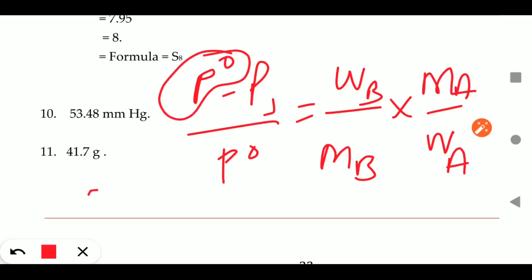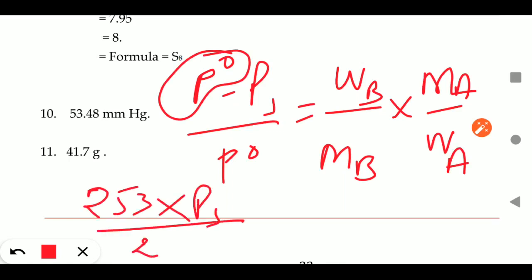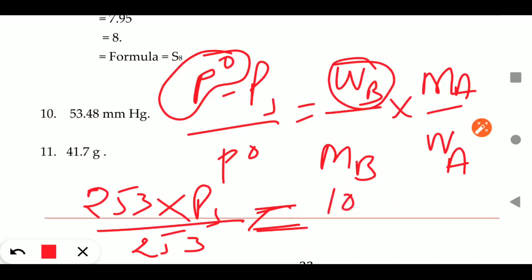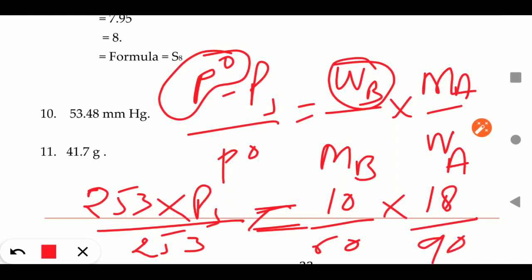Okay, suppose it is 253, मुझे ध्यान नहीं रहा कितना था, and Ps is equal to question mark upon 253. हम मान लेते हैं 253 दे रखा है, is equal to 10% of urea solution was there. So WB was 10 and molecular mass of urea you will find it is 60. Okay, molecular mass of water is 18 and quantity of water is 90, क्योंकि 100% solution था. तो using this formula you will find PS.